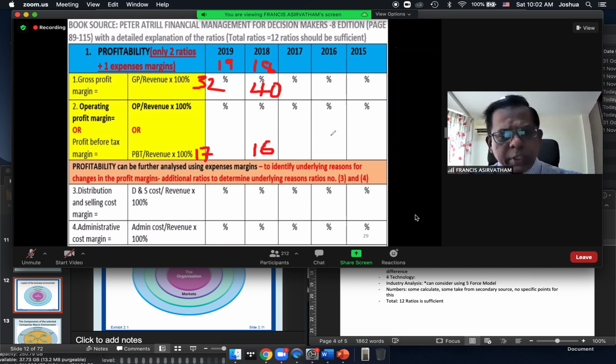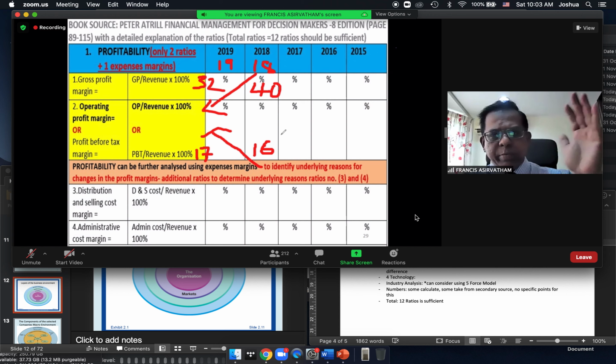So we noticed the gross profit margin is going up. All right, sorry, it's going down. The margin is going down, but this ratio is going up. One ratio is going down.